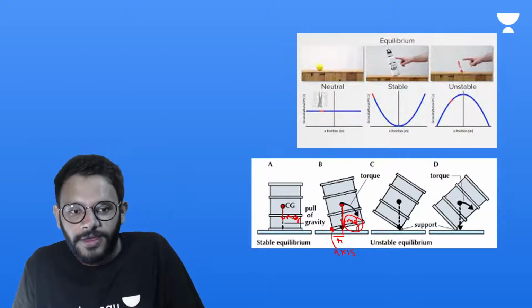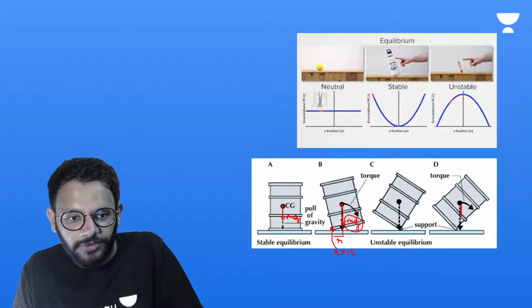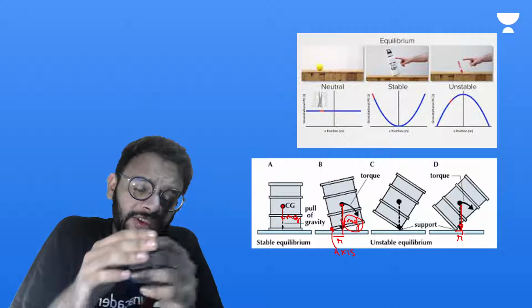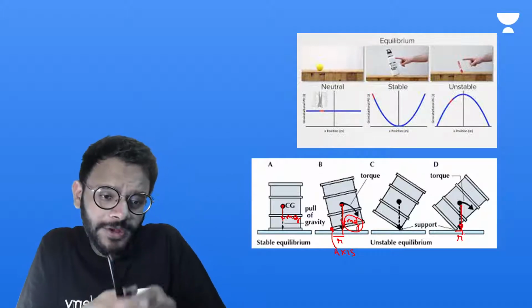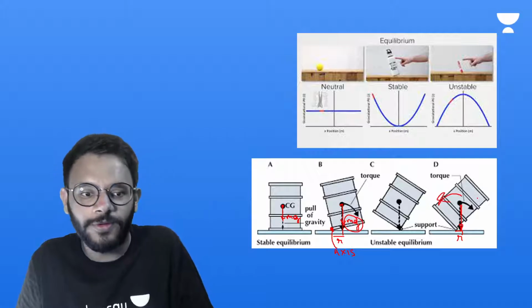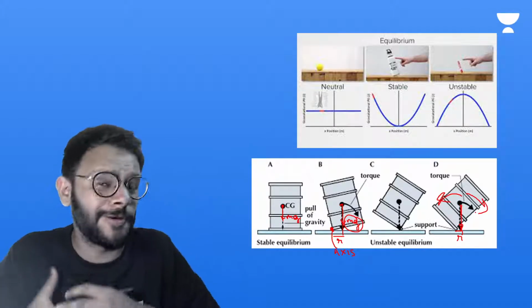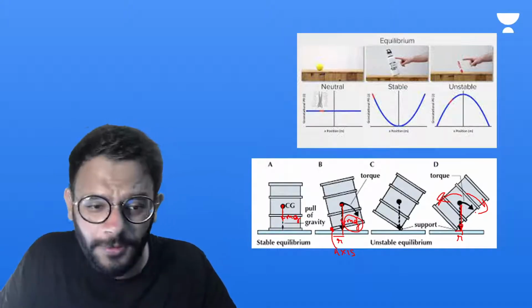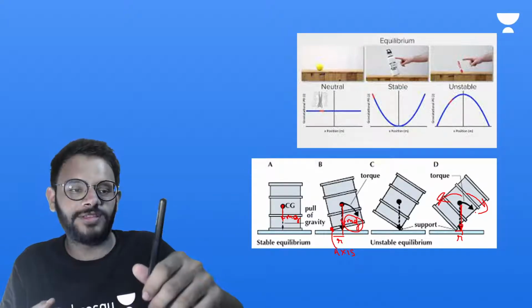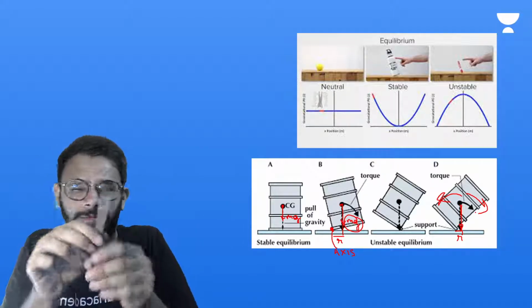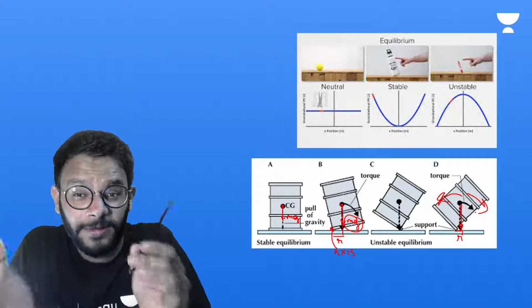Although, in such a case when the mg torque is acting in the opposite direction, so the cylinder is now tilted so much that the mg torque is now going to act on the other side, instead of bringing it back over here, it's going to take it to the other side and it's going to topple over. That is pretty easy to visualize, because you have seen that if a cylinder is rotating in a small angle, then it's going for a periodic motion or an oscillatory motion.